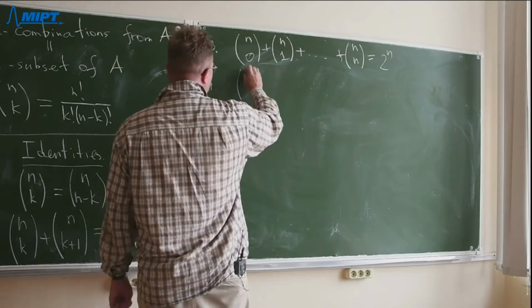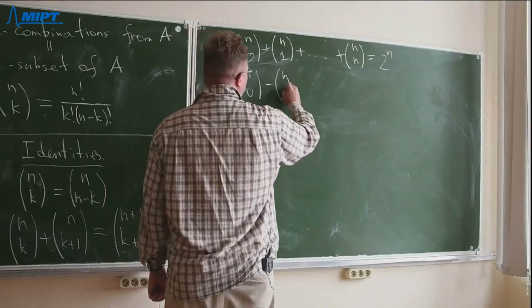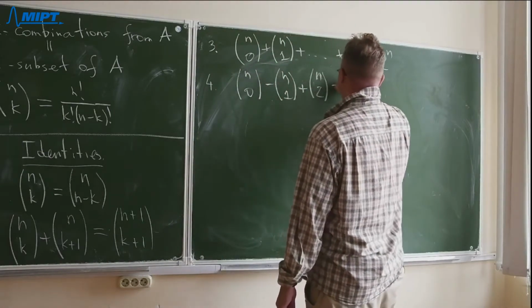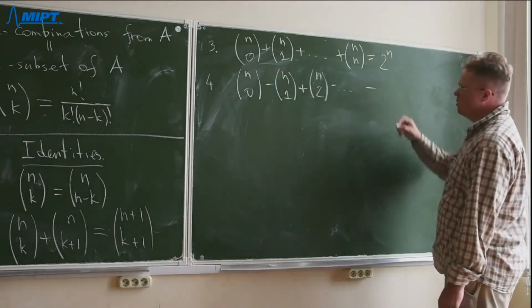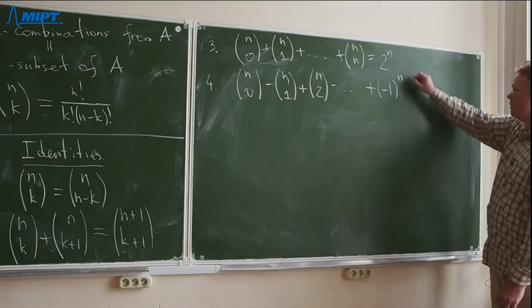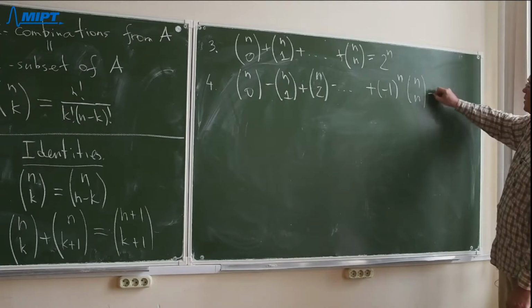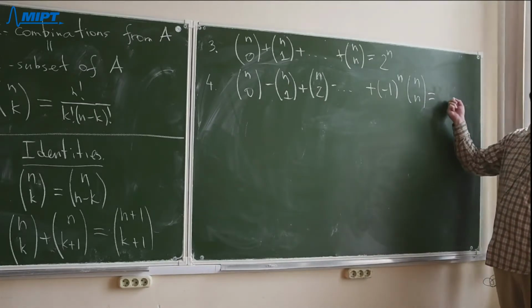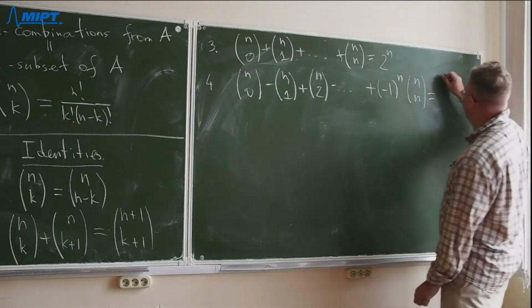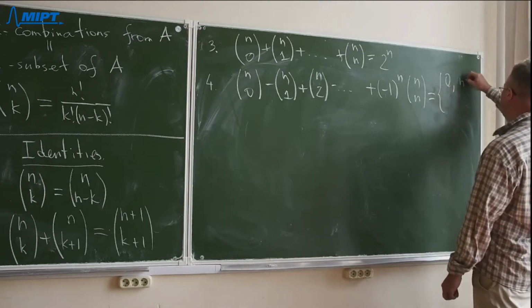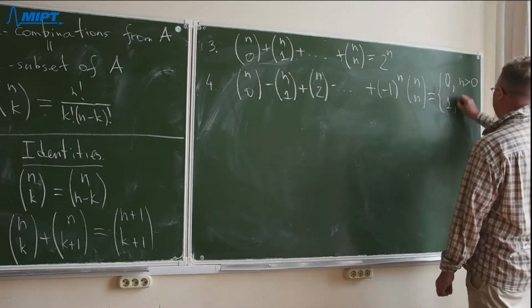Also, we can write the same formula, but with alternation, so the last coefficient will be minus 1 to the power n. Do you know what we get here? To be precise, we should write 0 if n is greater than 0 and 1 if n equals 0.